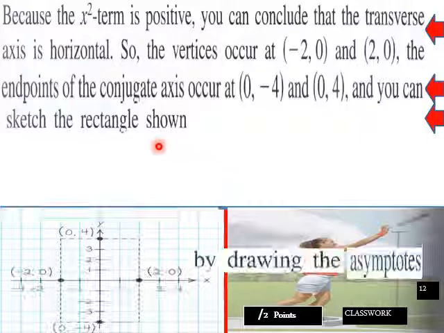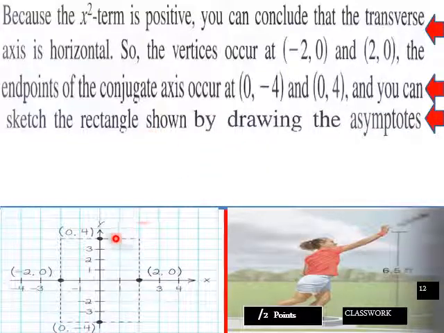You can sketch the rectangle shown here. When x equals 0, y equals 4, we have that there, and then (0, -4) would be down here.